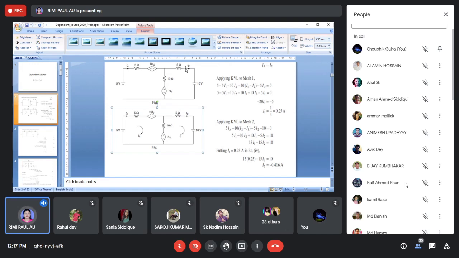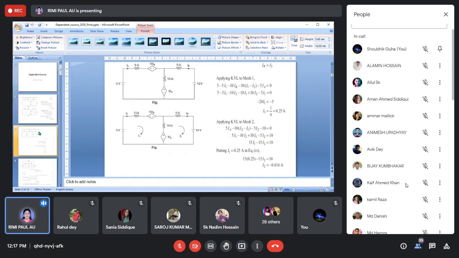Any one member will submit the solution of this problem using the nodal method, and you will tell me the answer, the final answer being IA and IB. Okay, this is the first question.